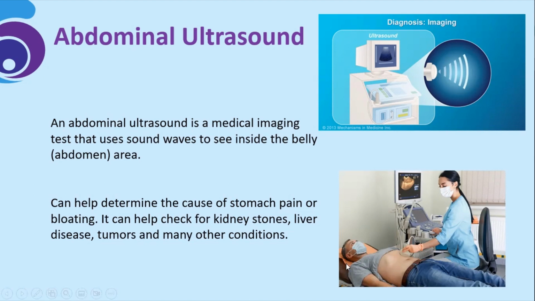This may be one of the first tests that people have after they've been to their GP complaining of signs and symptoms of upper GI cancer. It can help determine the cause of stomach pain. It can also check for things like kidney stones, liver disease, and tumours if they're present.